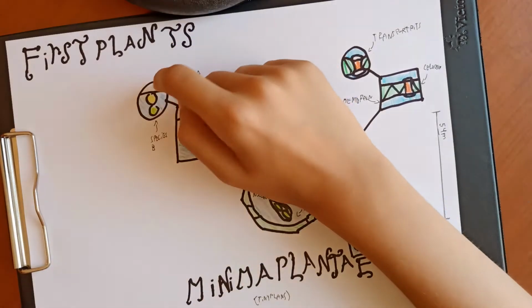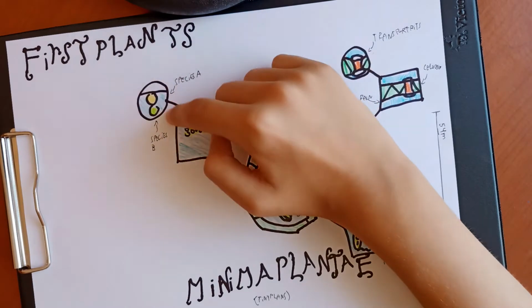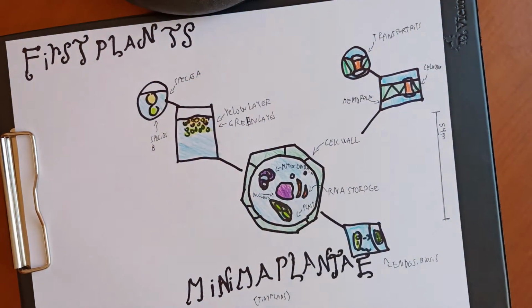These are mostly made out of two species, A or B, or in some areas of our planet they are made out of the same species, and the species will adapt to the light that is hitting the cell.